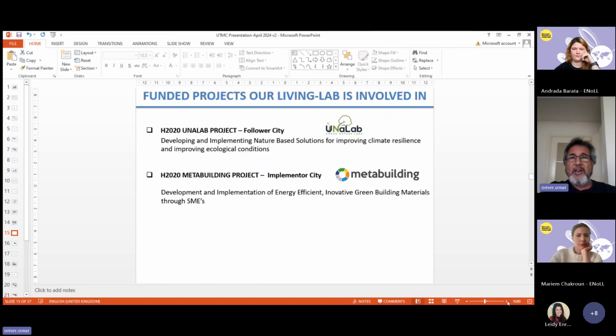And also, as a Living Lab, we are coordinating mostly the funding projects that the city is involved in. So far, we have been involved in 2 Horizon 2020 projects, and we have a third project from Horizon Europe at the moment.